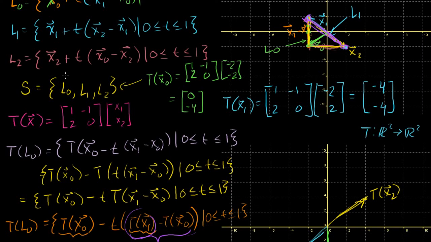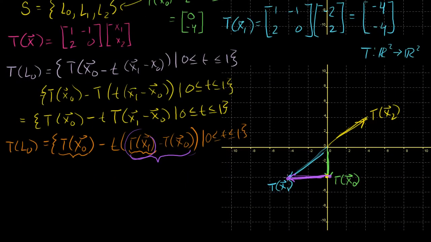The transformation of L1 is going to be the line that connects the transformation of the two endpoints. So it's going to be the line that connects the transformation of x1 and the transformation of x2. So this right here is the transformation of L1.